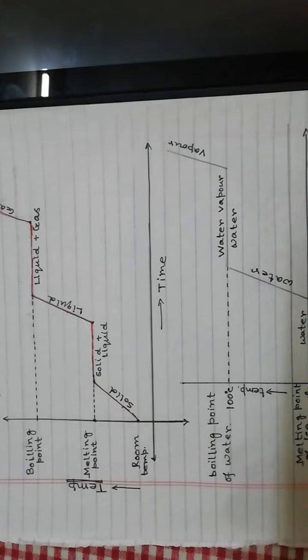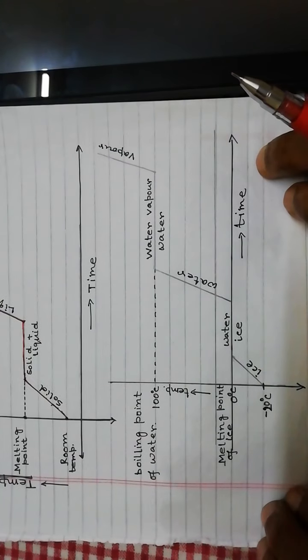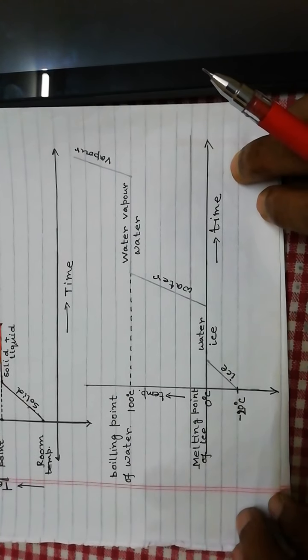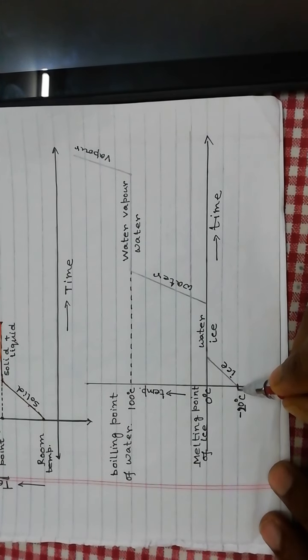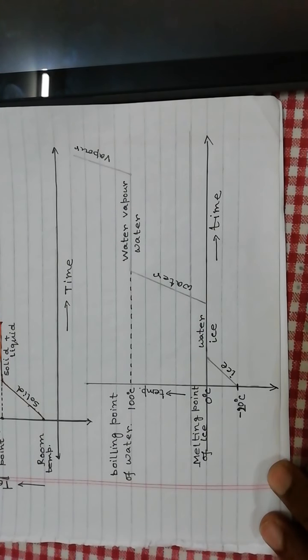Now take a particular example for a particular substance, here the ice. Say we take some amount of ice whose temperature is minus 20 degrees centigrade. If heat is supplied, then the ice does not melt here.